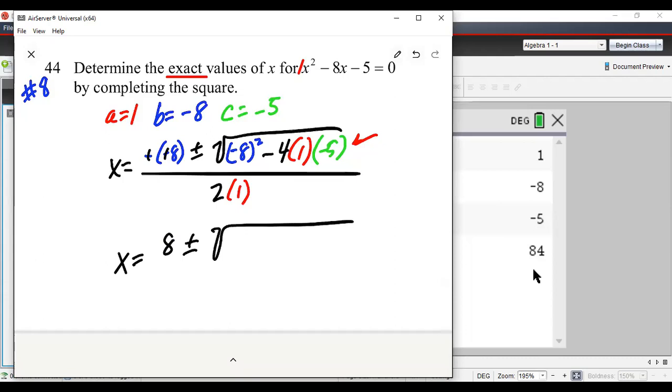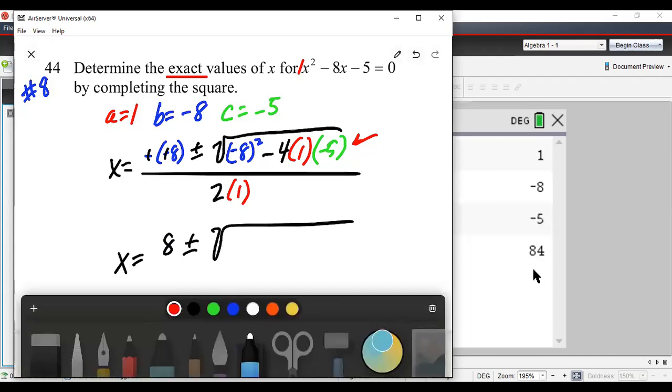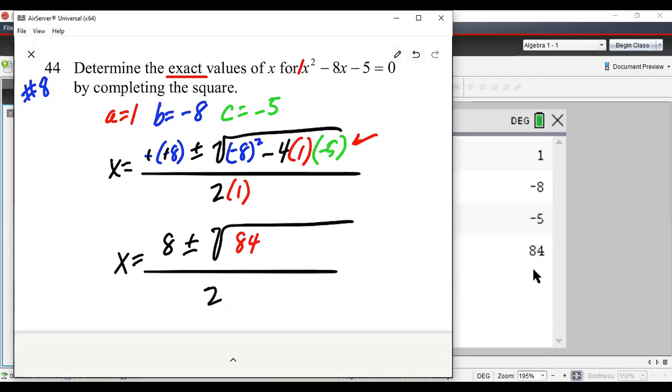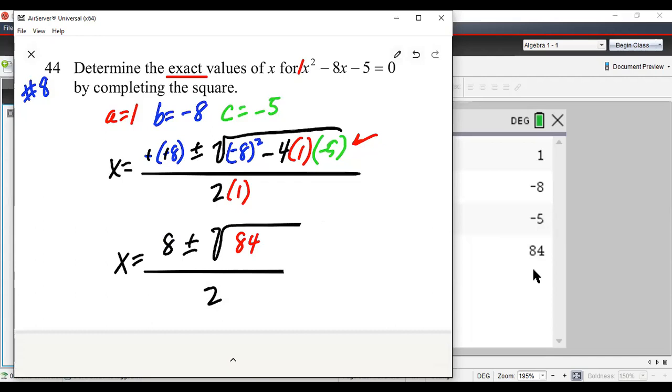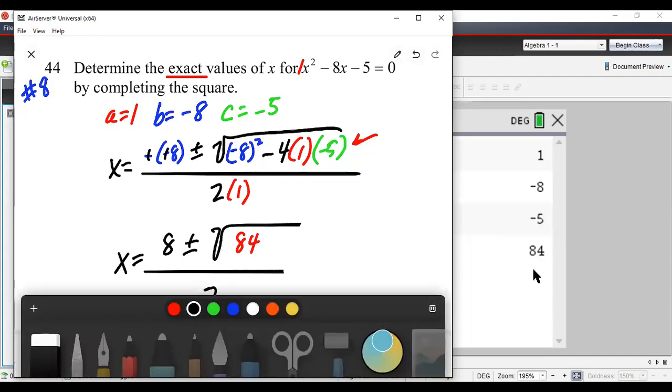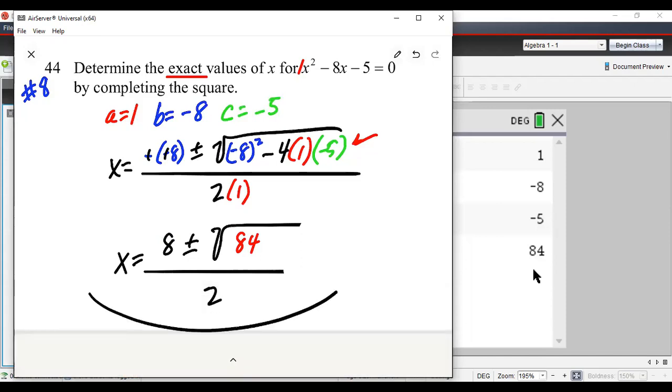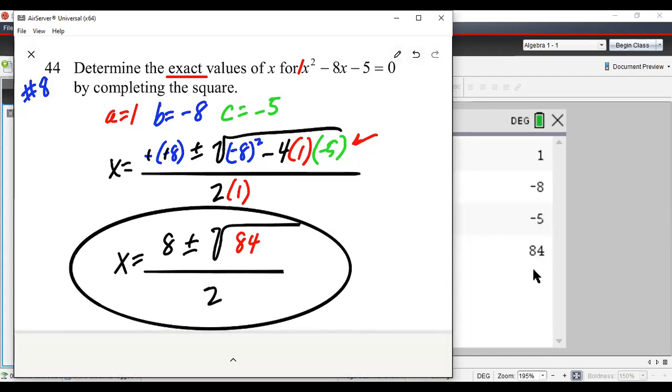I'll make this red so you can see it. And on the bottom, 2 times 1 is just 2. That would be my solution. They didn't say that we had to simplify this, so this is exact. It's not simplified, but it is exact.